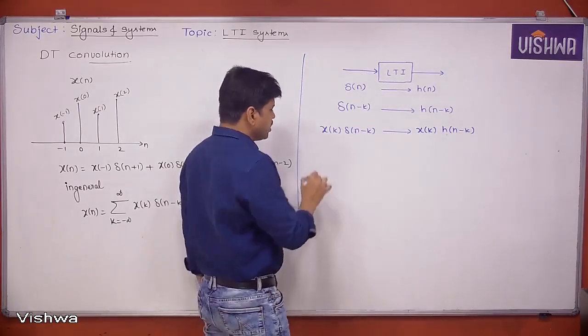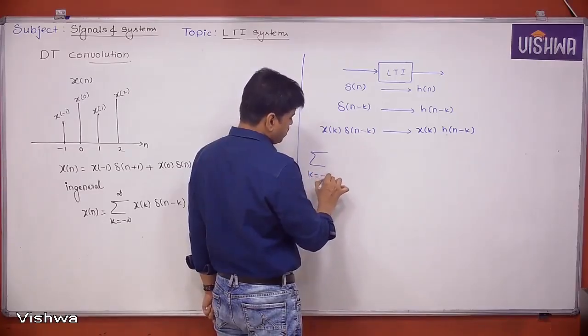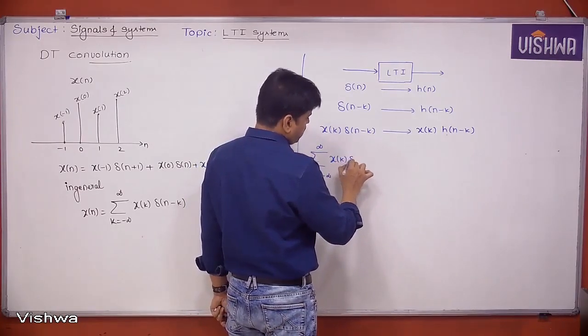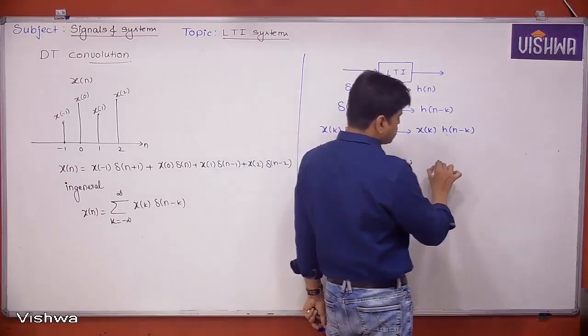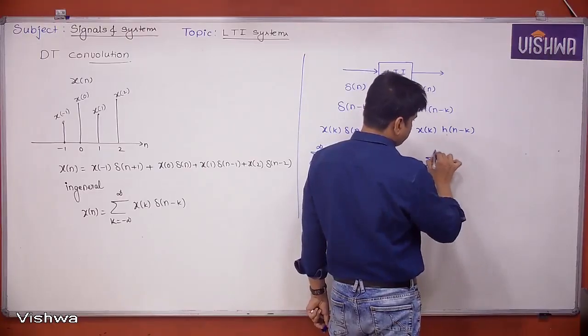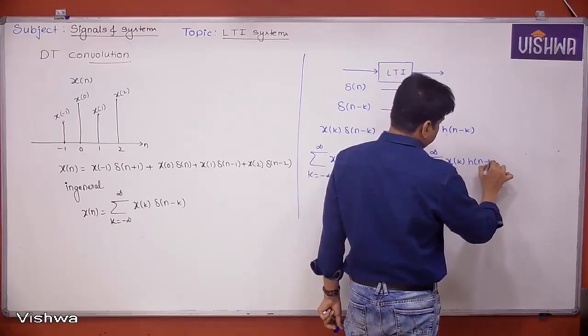Next, from the linearity property, if I take these kinds of inputs and sum them, the output is also the sum. The output is summation k equal to minus infinity to infinity x of k h of n minus k.